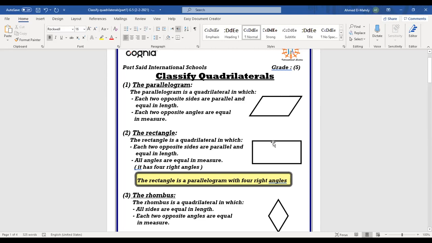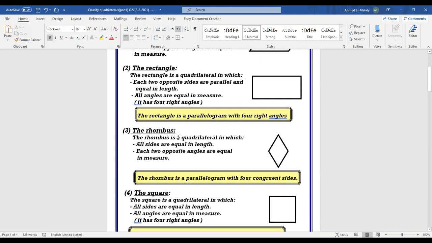In the rectangle also, each two opposite sides are equal in length and parallel, and all its angles are equal in measure because it has four right angles. The measure of each angle in the rectangle is 90 degrees. The third quadrilateral is the rhombus.